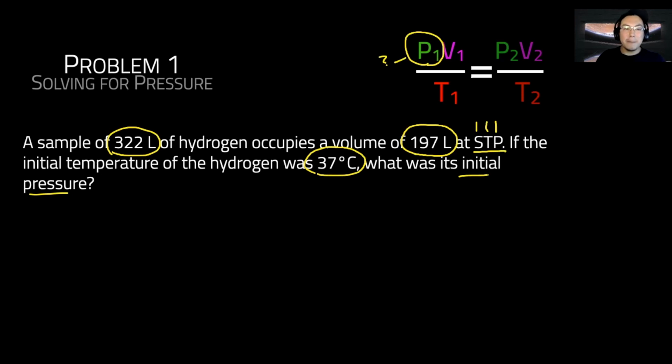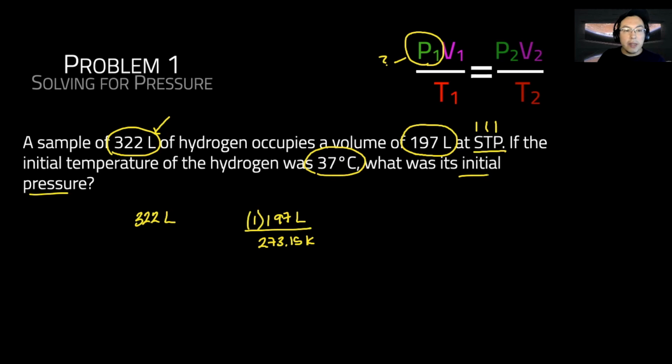So let's see. A sample of 322 liters, right, occupies a volume of 197 at STP, right? So that's standard temperature and pressure. That means standard temperature, standard pressure is 1 atmosphere, right?